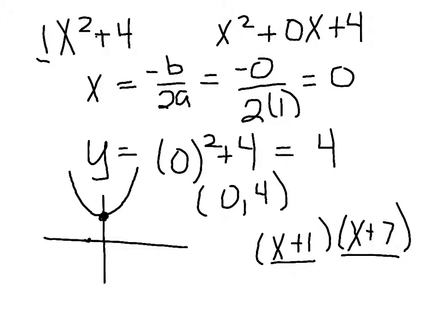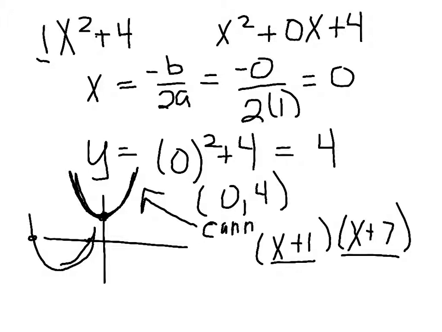So this one would cross at -1 and -7 over here. So if I graphed it, it would be something like that. Does this graph ever cross the x-axis? No. So it doesn't have any x-intercepts, which means that I cannot put it in intercept form. Or another way to say it is it cannot be factored.